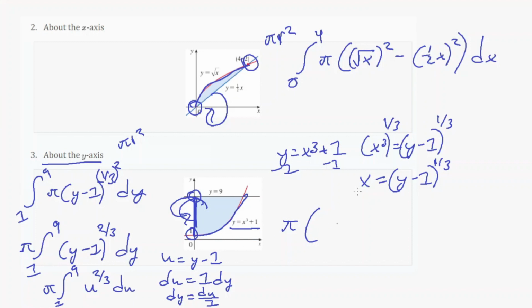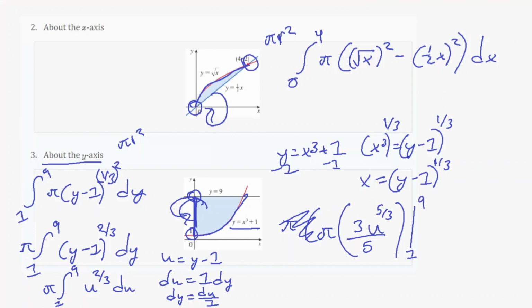And if we integrate u to the 2/3 power, we would add 1 to the exponent, which would be u to the 5/3 power divided by 5 over 3, which is multiplied by 3 over 5. And now this is going to be multiplied by pi, and we have to plug in 1 to 9.